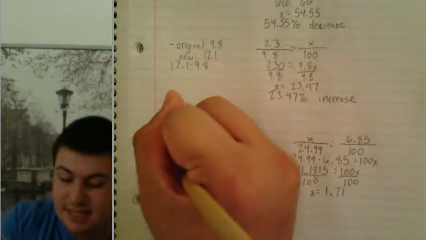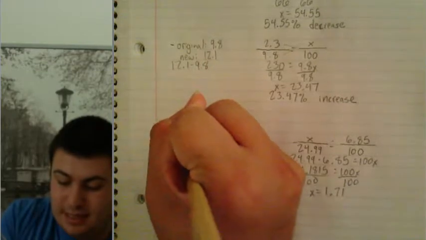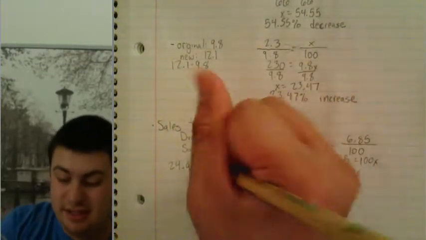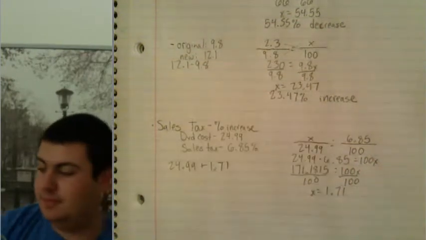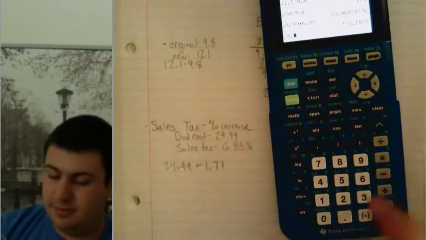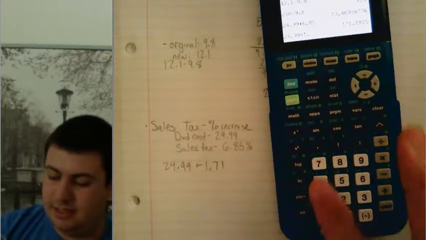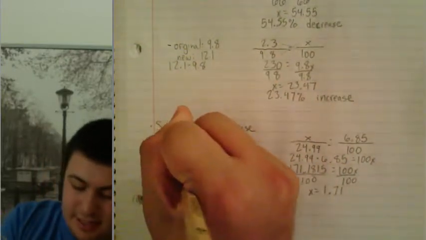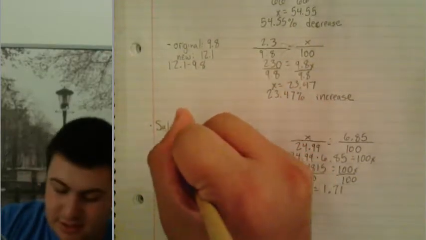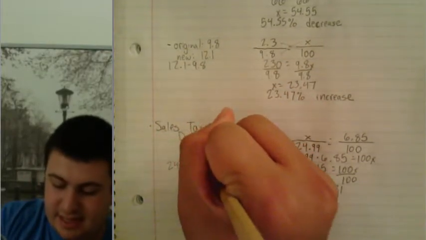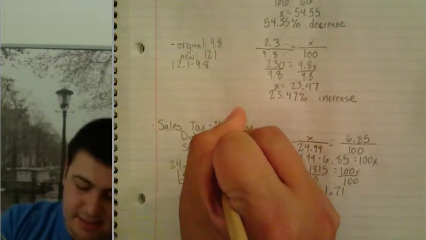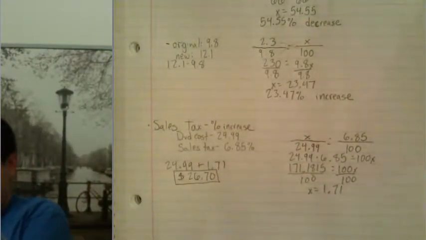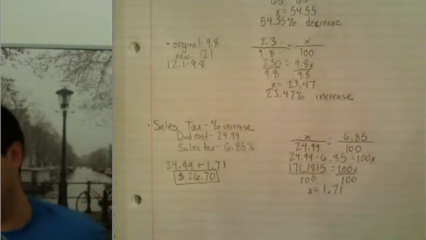So we're going to have to take 24.99 plus our change or our increase, 1.71. 24.99 plus 1.71 gives us a new price of $26.70. So that's the new price of our DVD, $26.70.